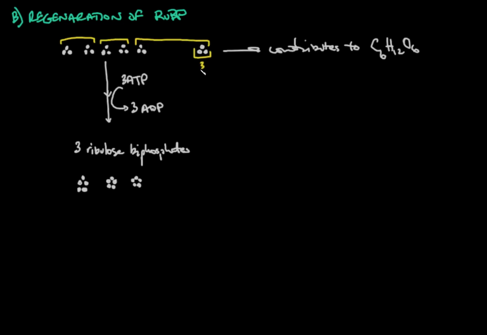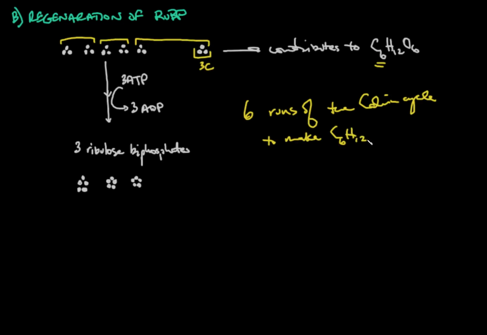This is only 3 carbons, and that's only half of the 6 that we need. So this reaction has to happen 3 more times. So it takes 6 runs of the Calvin cycle to make C6H12O6, or glucose. I hope that makes sense to you.